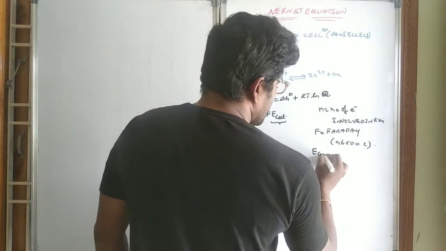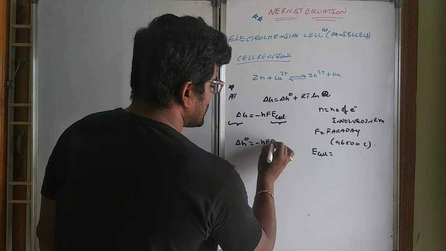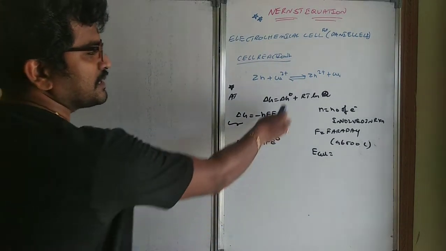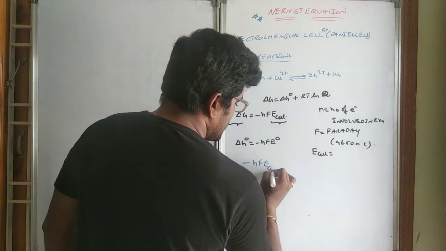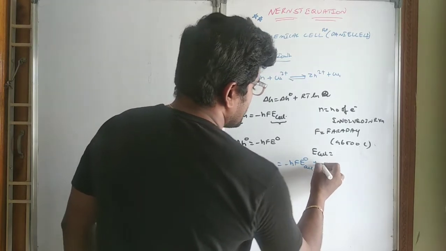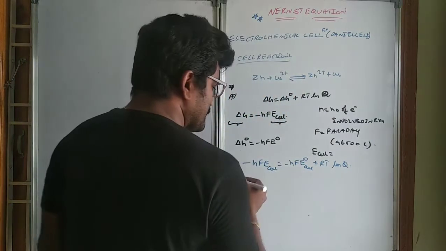And delta G naught is equal to minus nF E naught. Substitute these into this one. What happens? Minus nF E cell is equal to minus nF E naught cell plus RT ln Q.